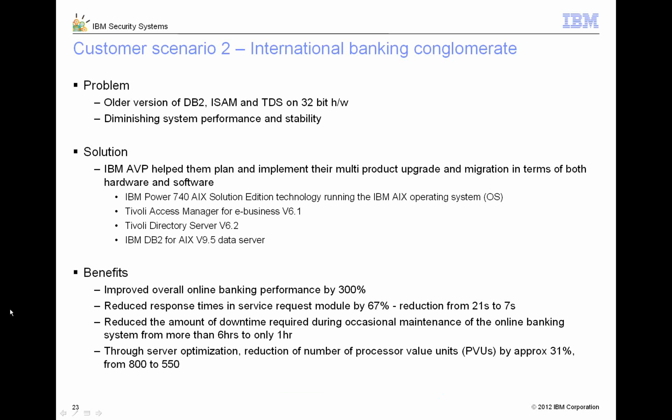The problem with them was they had very old versions of these products, all deployed on 32-bit hardware, which ultimately resulted in diminishing system performance, and this entire environment was highly unstable, leading to certain server crashes and their net banking portal going down for a few days.